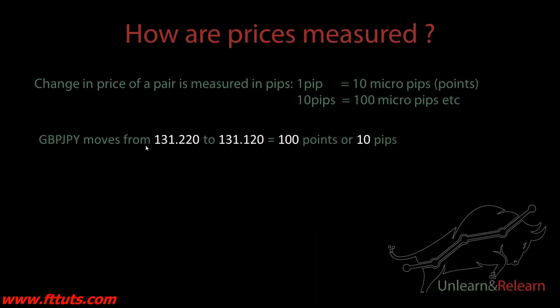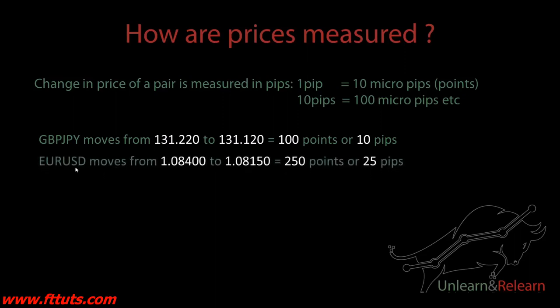But if you had a sell order at 131,220 and price moved to 131,120, now you're in positive 10 pips. Some people are very new, so this is very important. This is how you measure pips: you subtract the numbers, you get the 100 points, and then you divide it by 10 to get 10 pips.